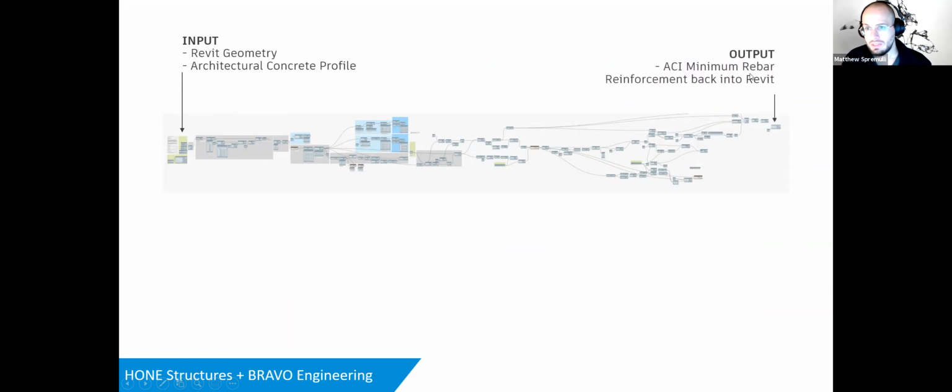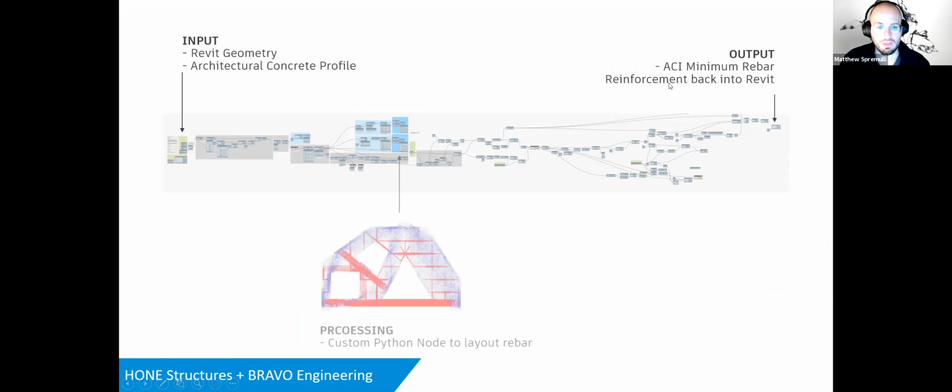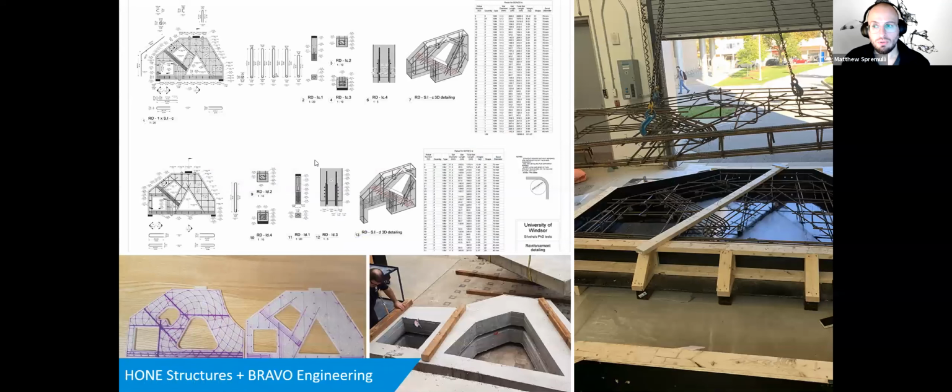And the output is that they wanted to have the minimum rebar reinforcement. And in the middle, they made their own custom Python node to help lay out where the rebar should go. So in the end, they were able to finish their script, which was great, and start to make prototypes, physical prototypes from this experiment.